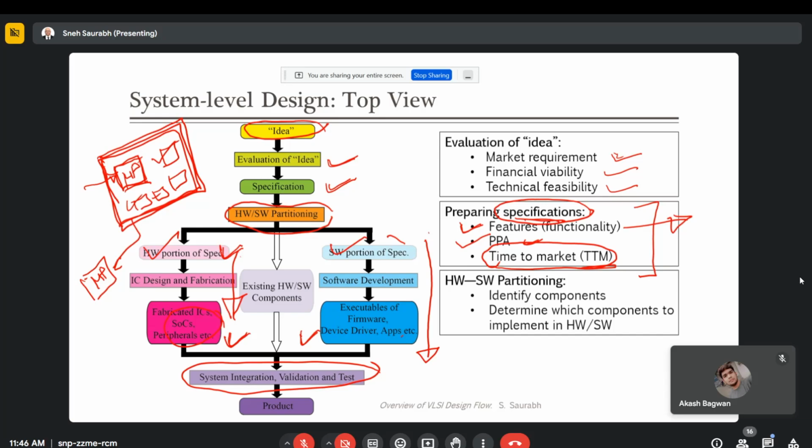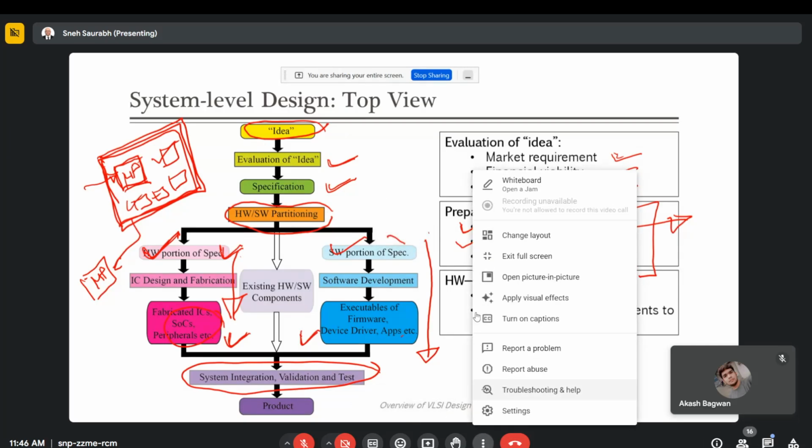So the important thing to note here is that you should have a top level view of the system. At the system level, you don't have only the hardware, right? As hardware designers, we focus a lot on VLSI design and hardware, but that hardware always gets integrated with the software, and in the product we have both hardware and software which deliver the required functionality, right?